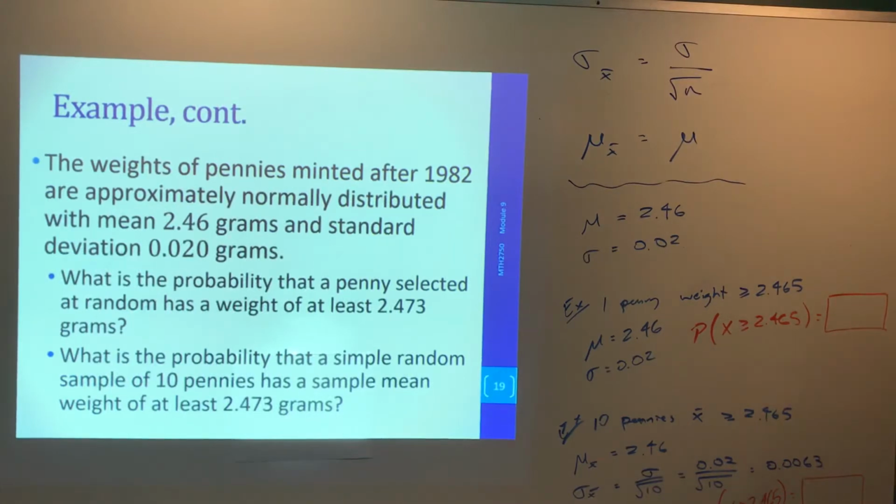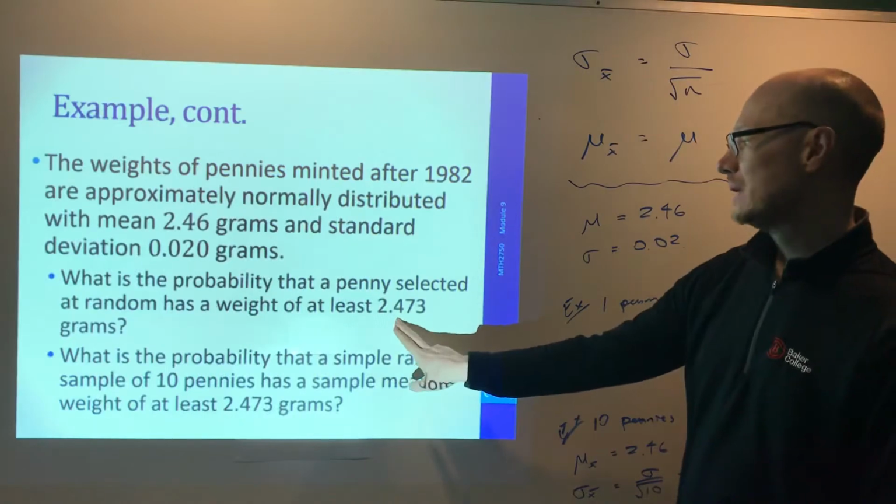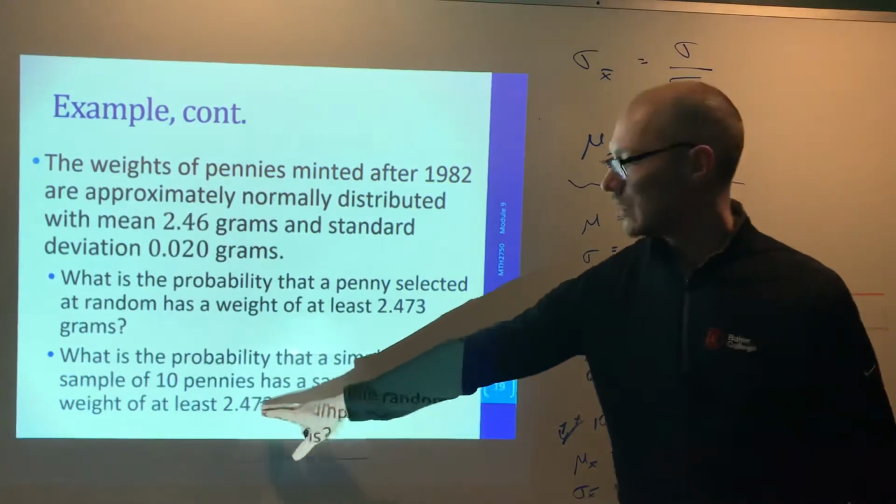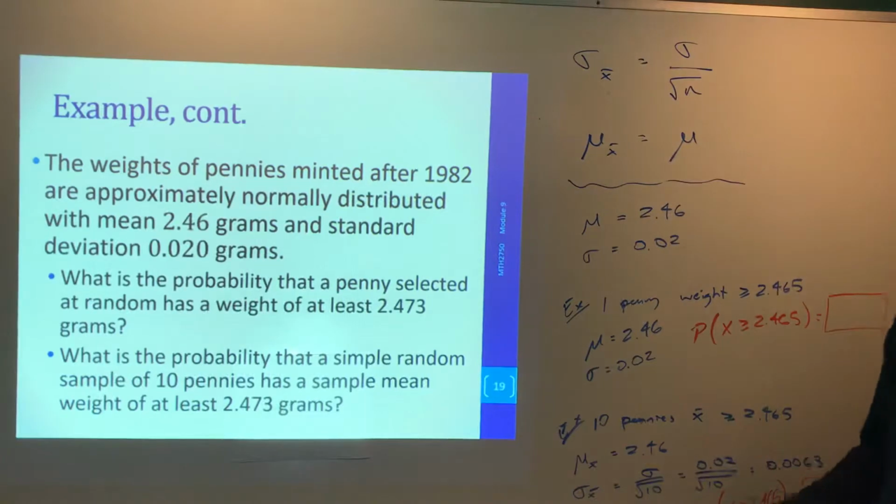If we did this again with the same situation, what about at least 2.473? Not 2.465, but 2.473. And 10 pennies weighing more than 2.473.